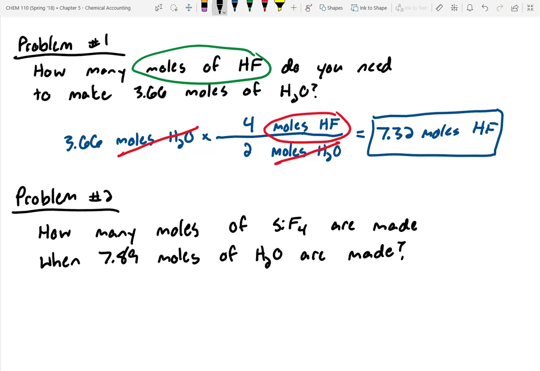So sometimes these word problems trip people up, but like I said, simplify it. Just always start with what you know. The only value we know at this point is 7.89 moles of water.